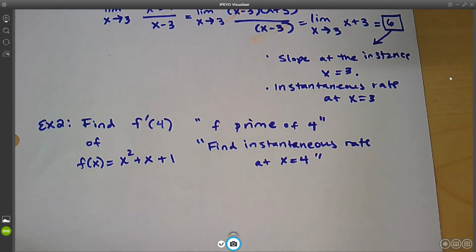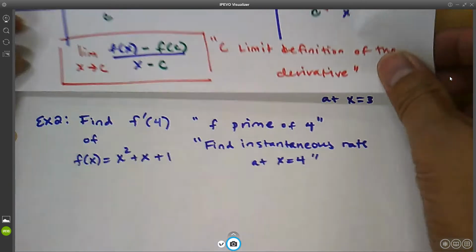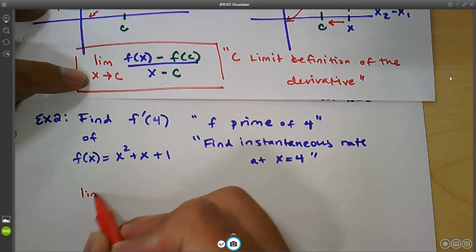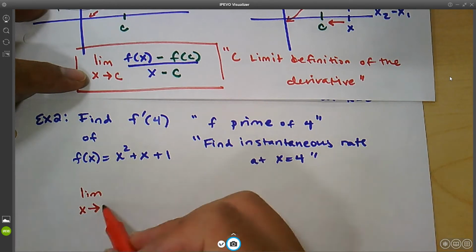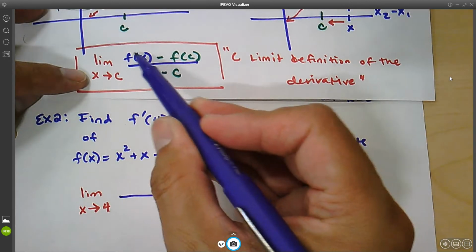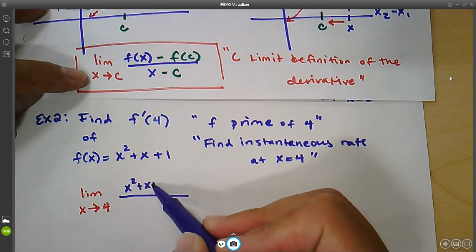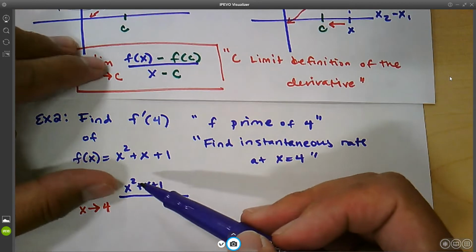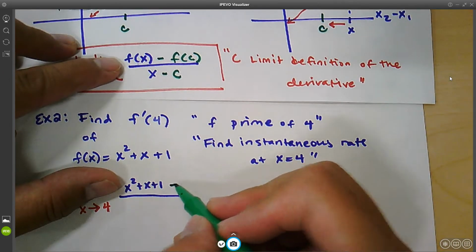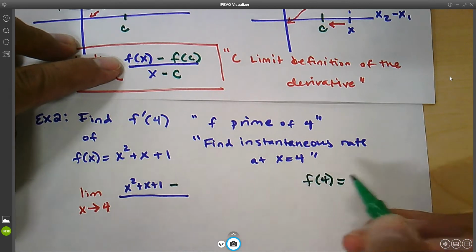We then go to our formula. Okay, I'm going to toss the formula there again so we could just reference it. It starts out with a limit. We want to go to 4. It starts out with rewriting our equation. That's this part right here. Then it goes to f of c, f of 4.